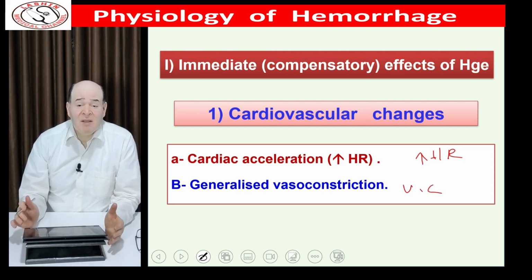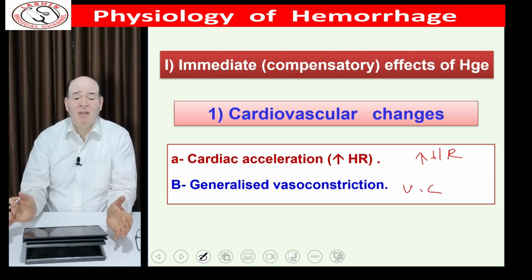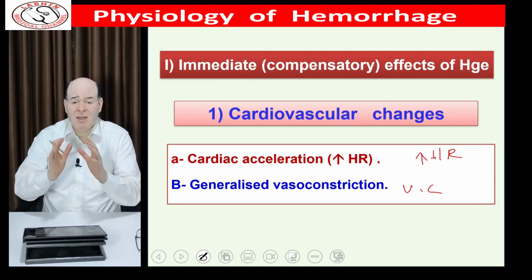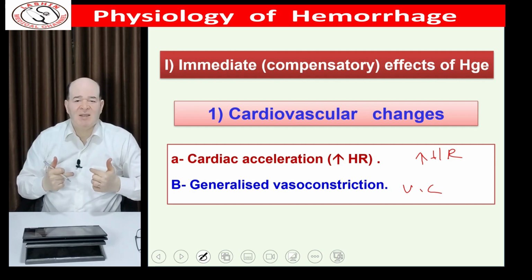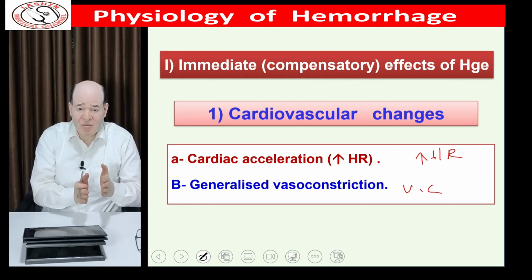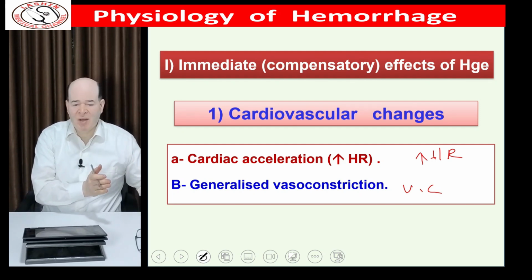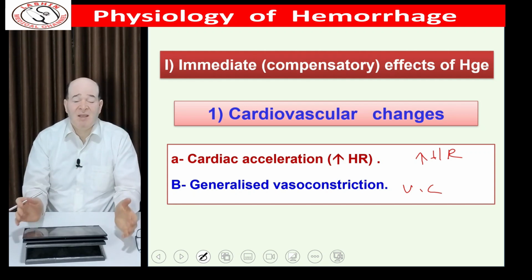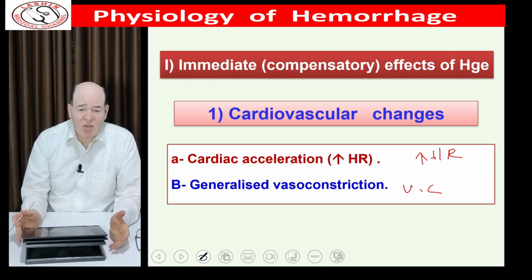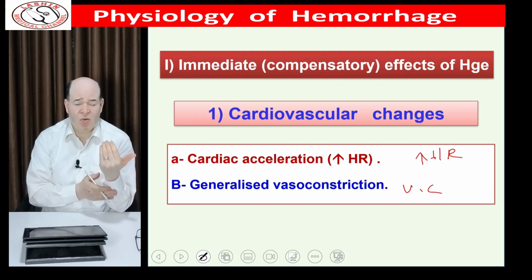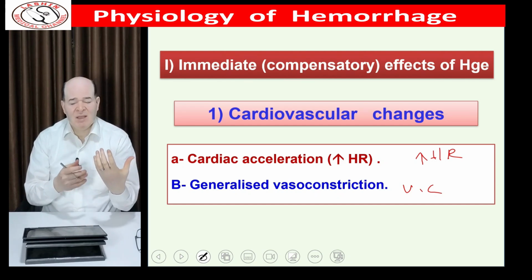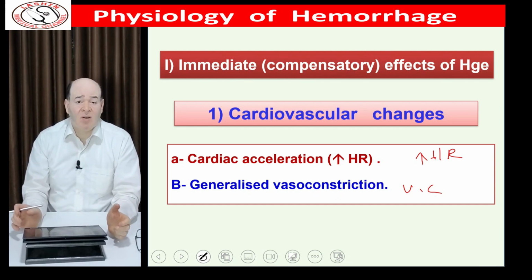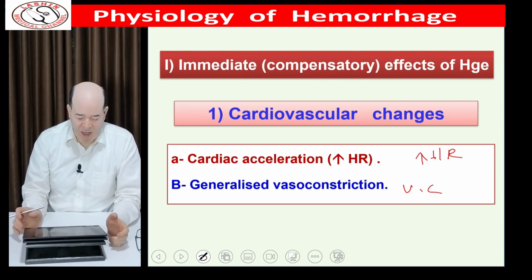The generalized vasoconstriction all over the body is so significant because it saves the blood to the vital organs, which are the brain and the heart, at the expense of other less vital organs, which are mainly the skin. So the presence of skin vasoconstriction, which is manifested by the sense of cold and the cyanotic appearance and pallor, this is a sign of severe internal hemorrhage.